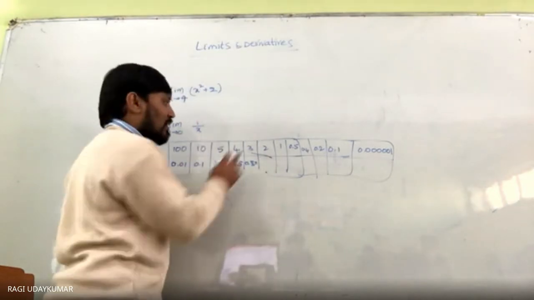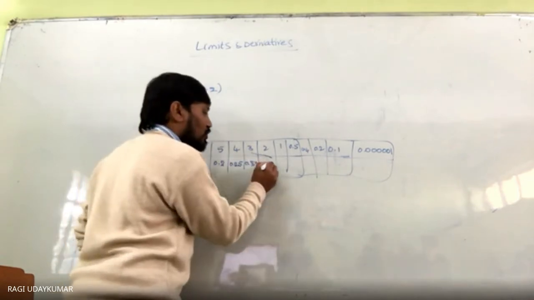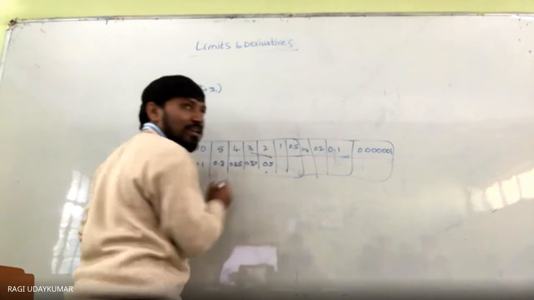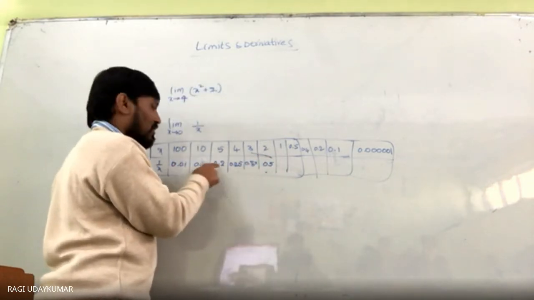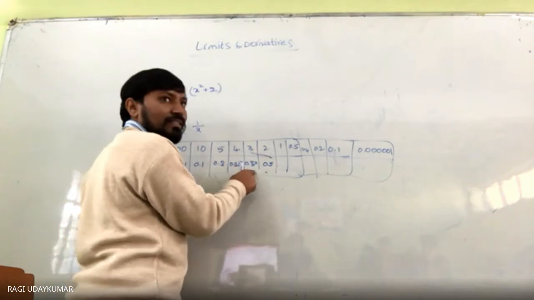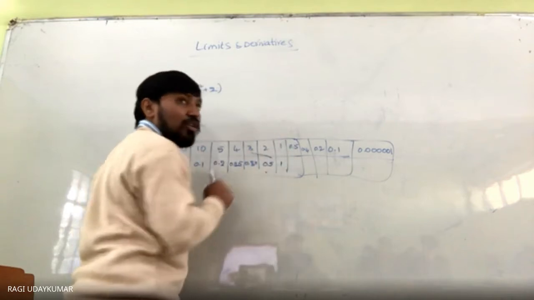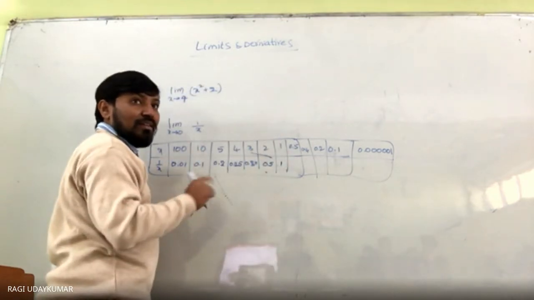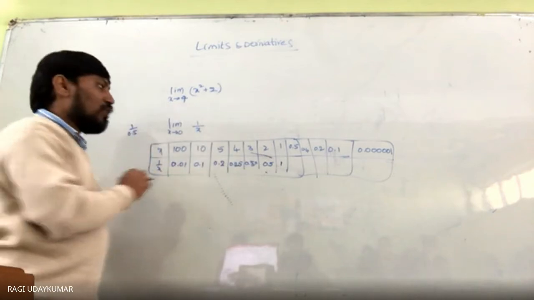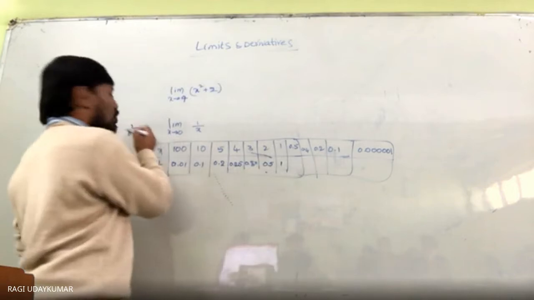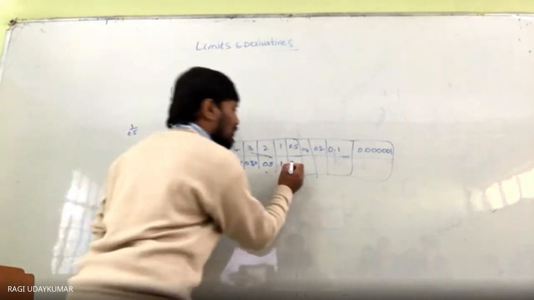When x is 2, 1 by x is 1 by 2, 0.5. So what can you observe here? When x is 1, 1 by x is 1. When x is 0.5, 1 by x is 1 by 0.5, which equals 2, because 10 by 5 gives 2.